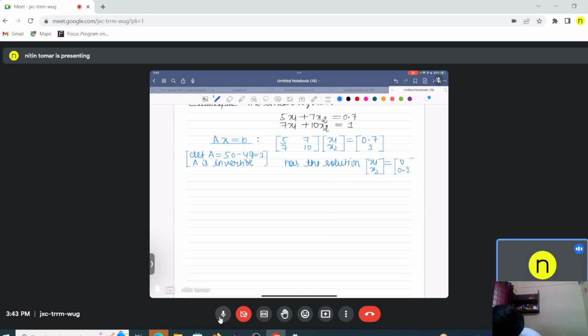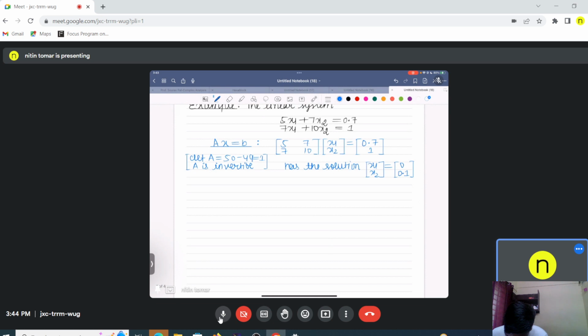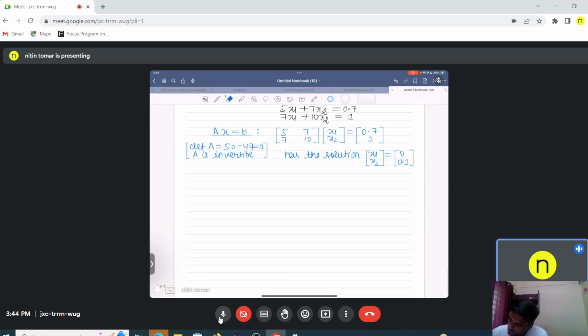You just plug these values in the above equation and you will see that this gives you the right hand side. So let this solution be x.